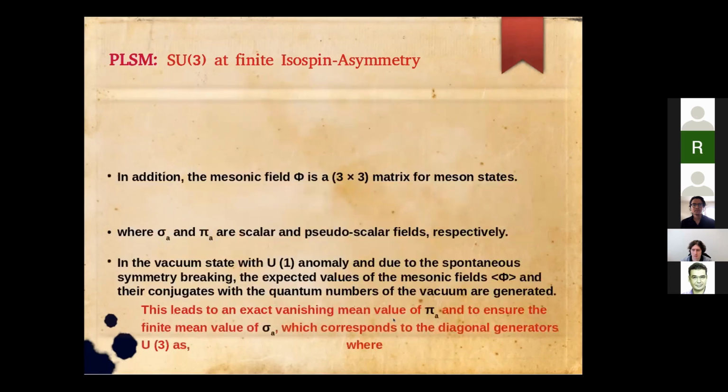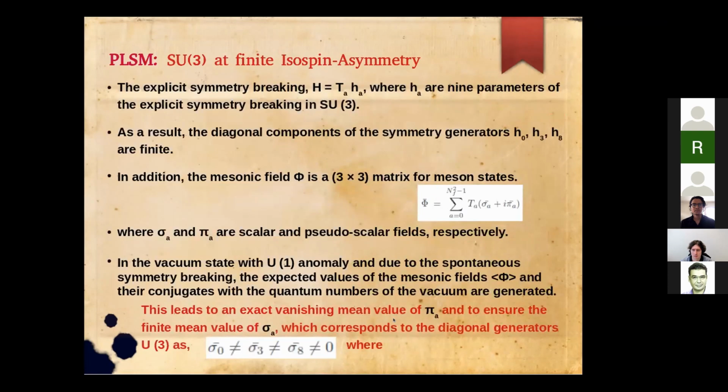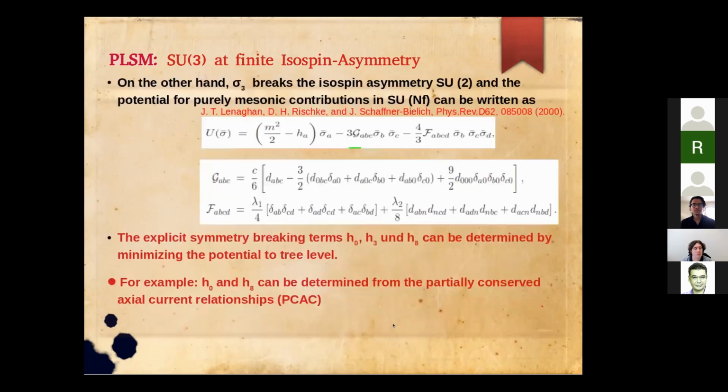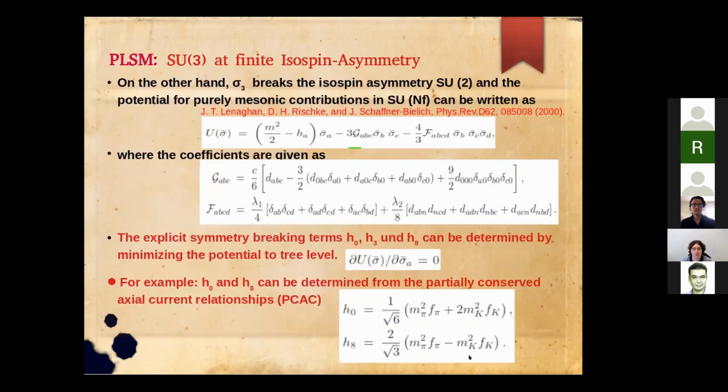Here H0 and H8 in the PCAC relation are related to the pion mass and the decay constants of the pion and kaons. This is a well-known relation. We are going to suggest and introduce a similar relation for the isospin asymmetry in our model.